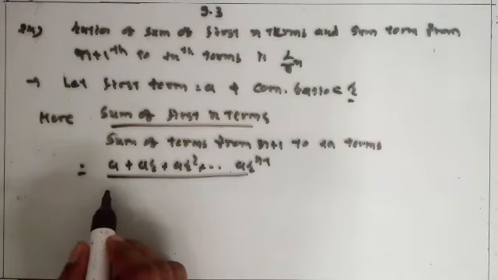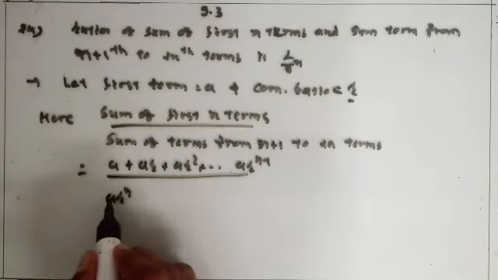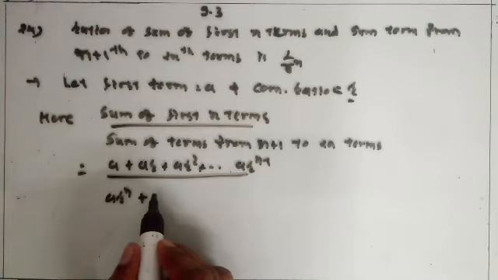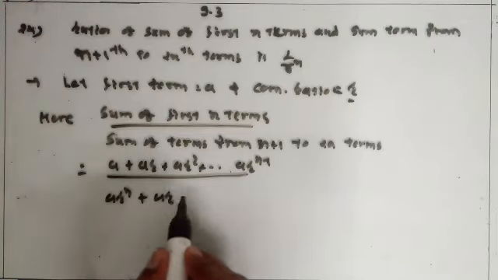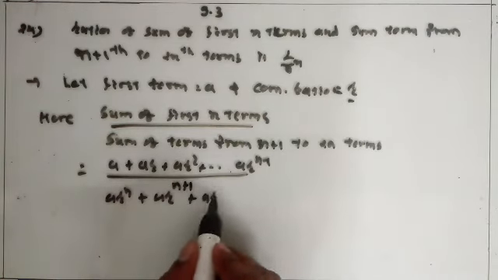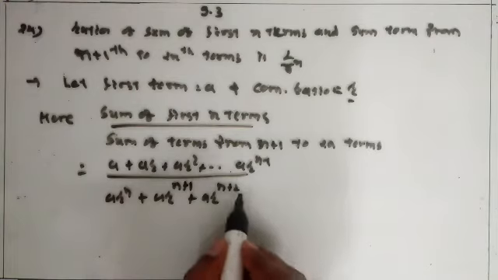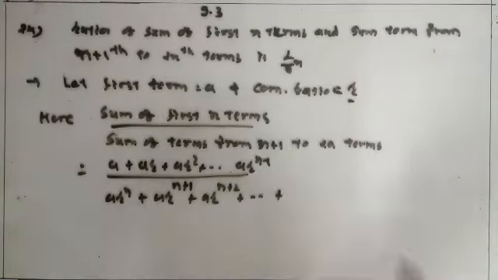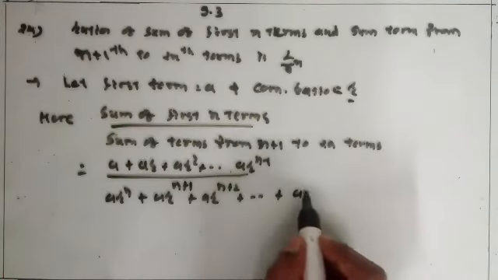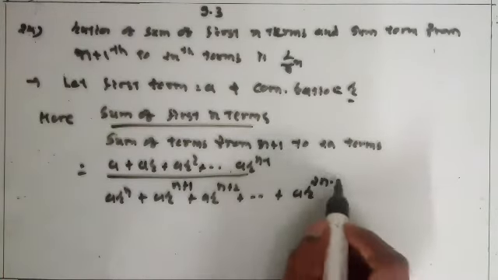We know that the n plus 1 term is ar raised to n, plus the next term, ar raised to n plus 1, plus ar raised to n plus 2, plus up to the 2n term, ar raised to 2n minus 1.